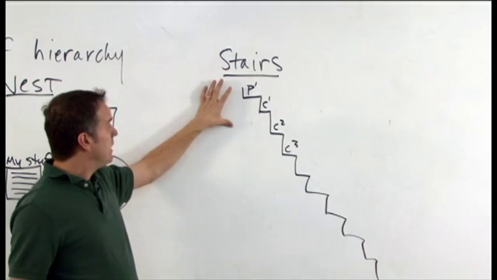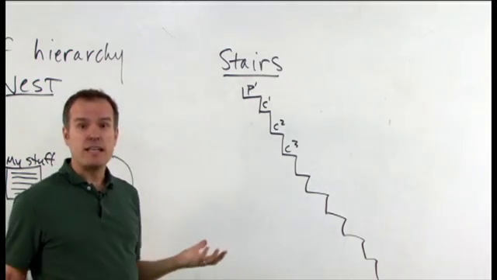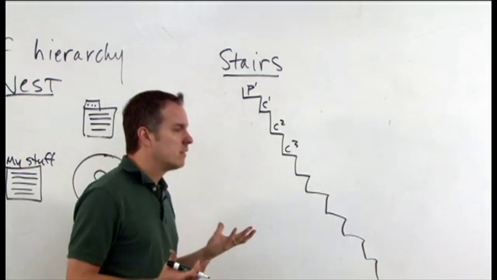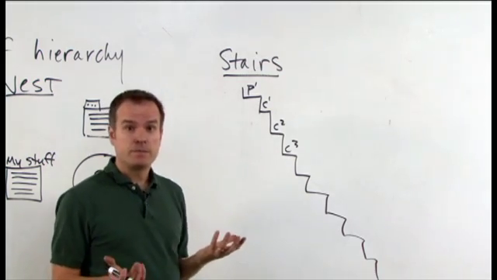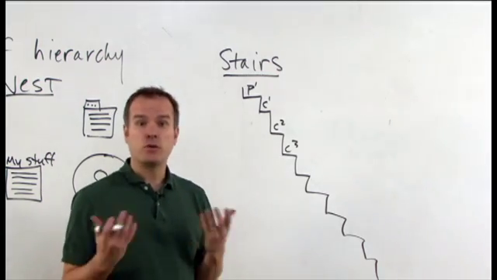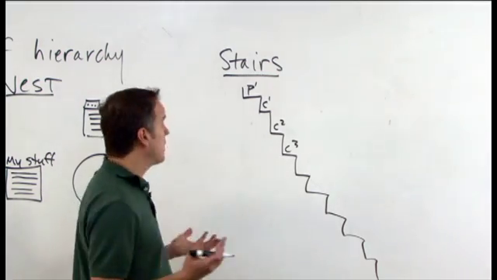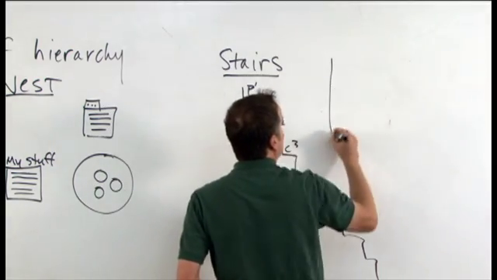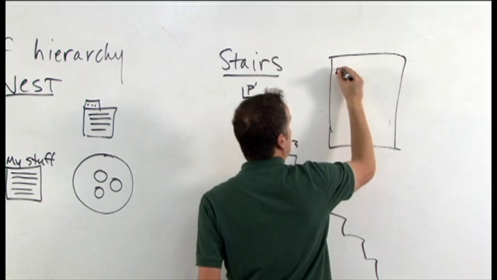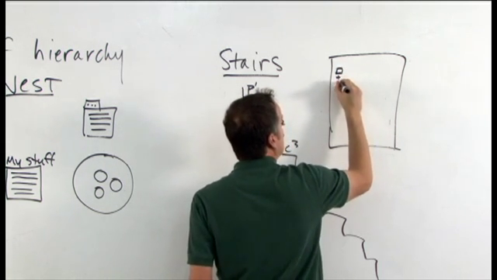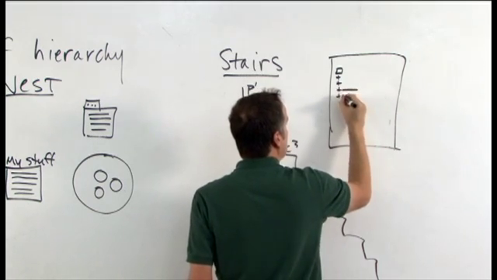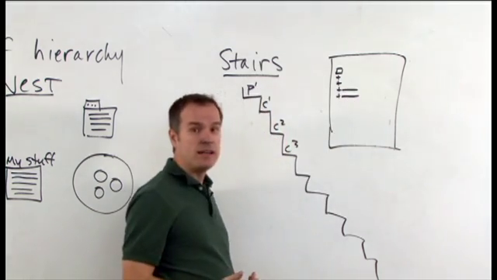The most common place where we see stairs in our everyday life is in software that has a file system. So if you think about your computer, whether you use Linux or Mac or Windows or some other operating system, if you imagine the file structure of your computer, you open the window where they have the little file folders, and there are little plus signs along the way. And each level, right, is a particular set of files.